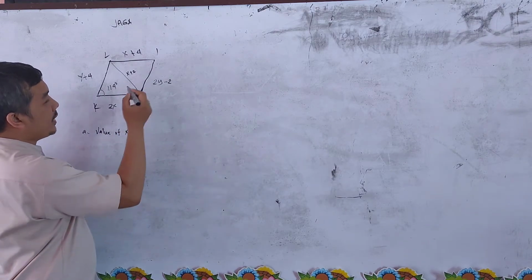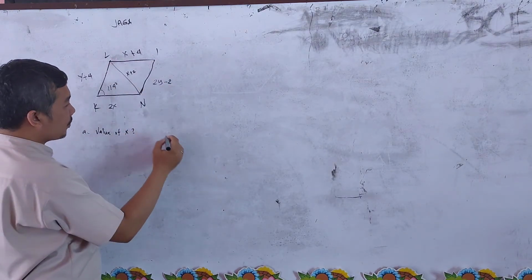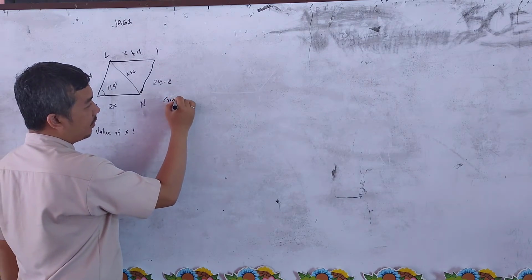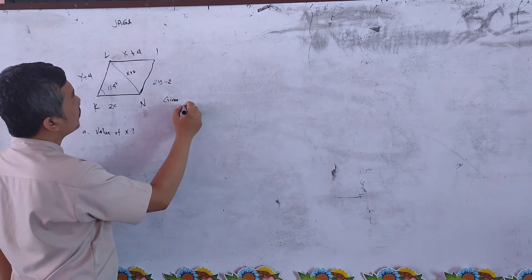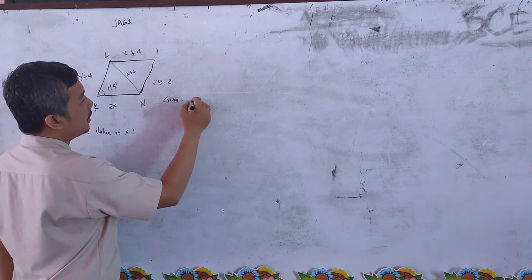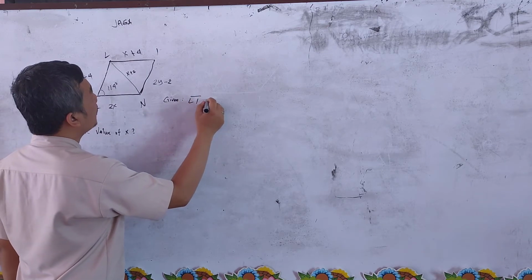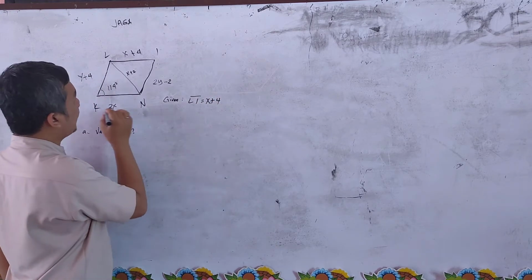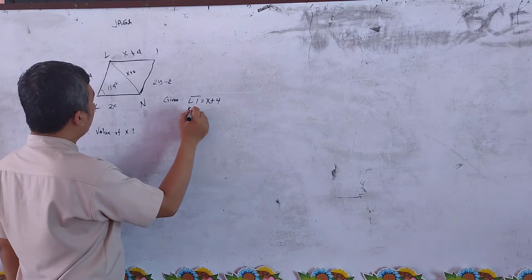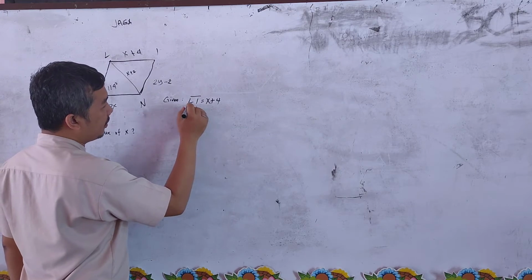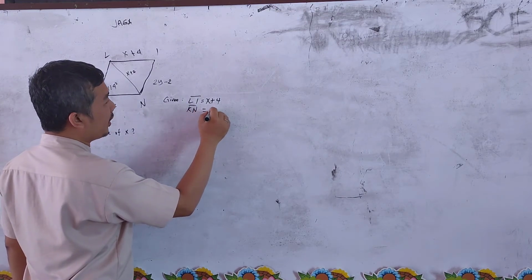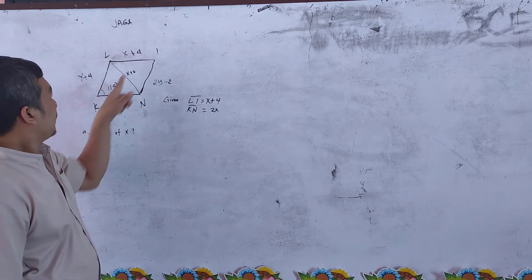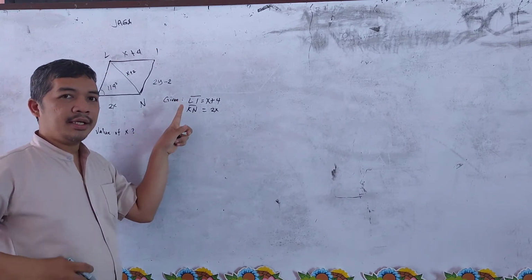So kung congruency ito, bali, given natin is LI, which is x plus 4. Tapos KN is equals to 2x. So si LI, tapos si KN, congruent sila.